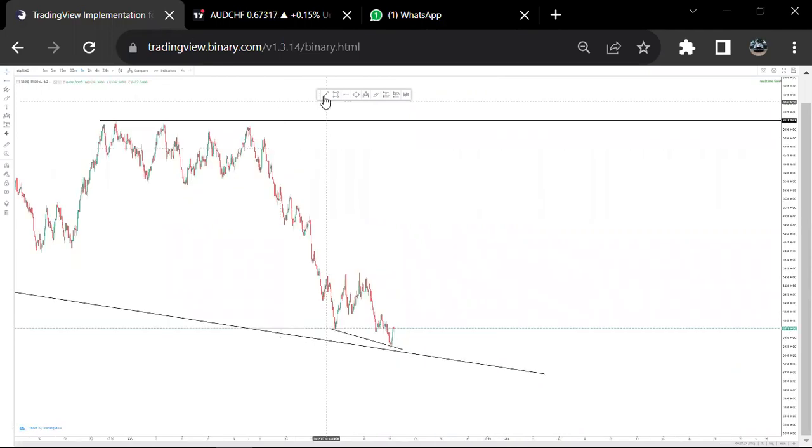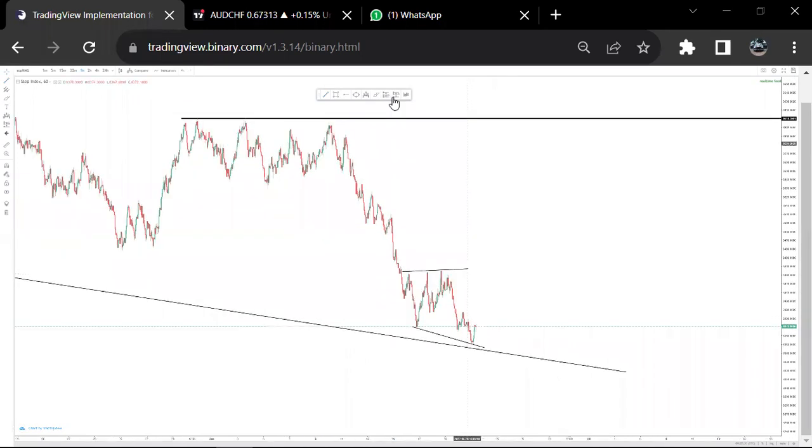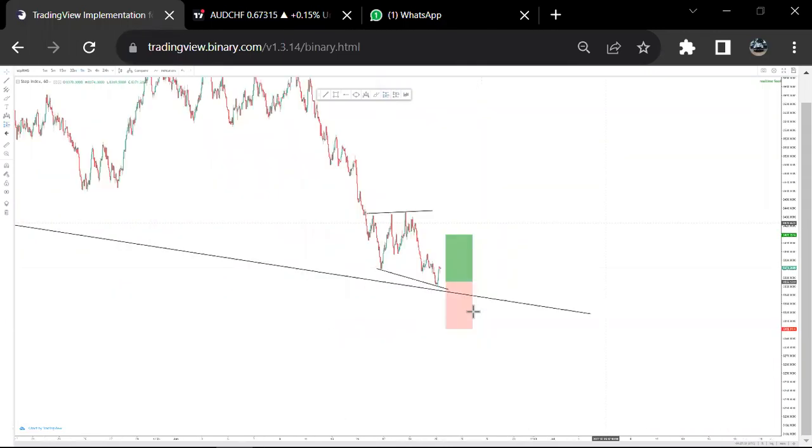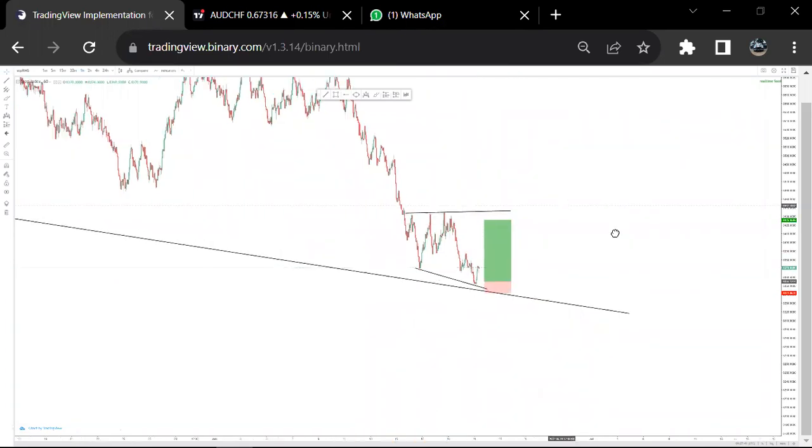So let's say we were to buy that setup. I'll take a buy where it is right now, and then my take profit would be somewhere around that level. That's the first take profit.